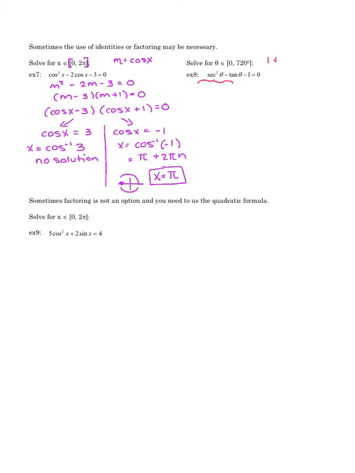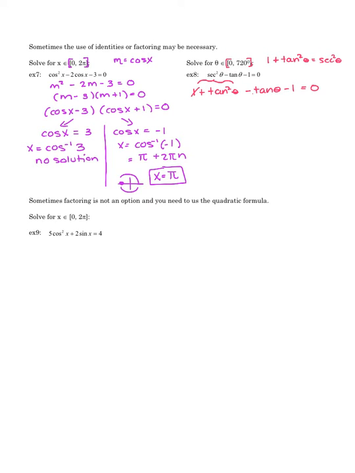So remember 1 plus tangent squared theta equals secant squared theta. So now we are in degrees, and we're going to find all our solutions from 0 to 720. So we replace secant squared with 1 plus tangent squared, and then minus tangent theta minus 1 equals 0.